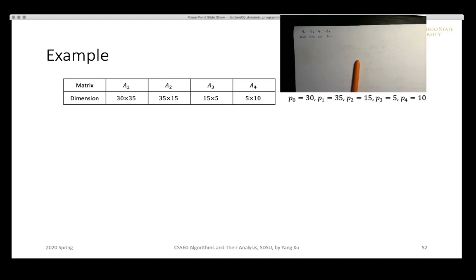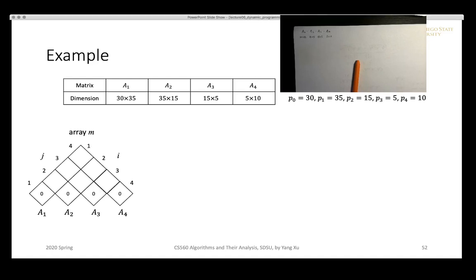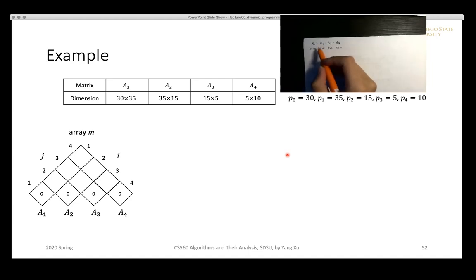All right, so now let's go through a simple example of running the matrix chain order procedure. Okay, so we consider a pretty short input chain that has 4 matrices: A1 times A2 times A3 times A4.